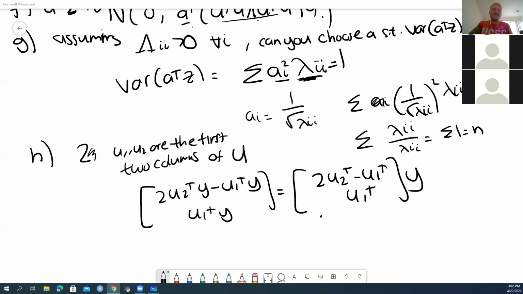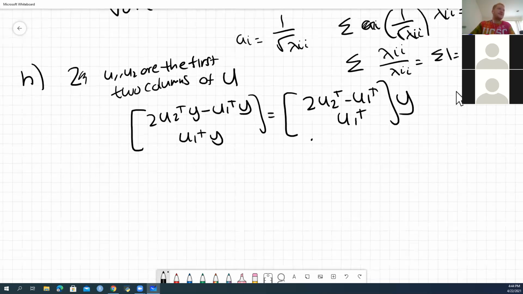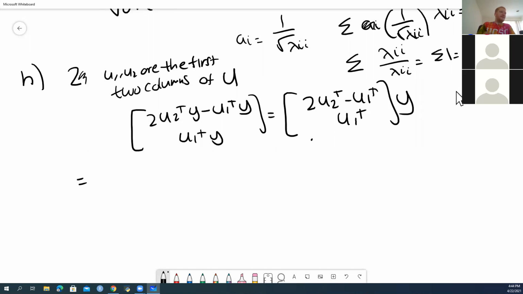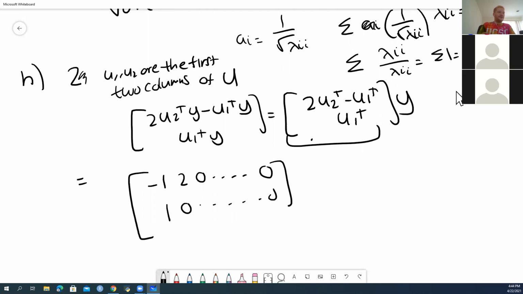The other thing you could do is actually write this as, if you wanted to, a row vector of -1, 2, and then a bunch of zeros, and then 1 and zeros, times U, which is really like U1 transpose through UN transpose times Y, and then you could go from there.